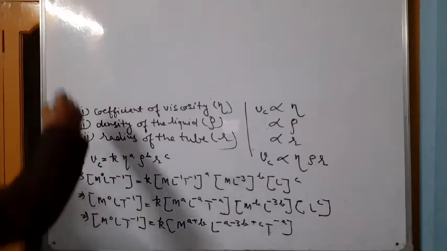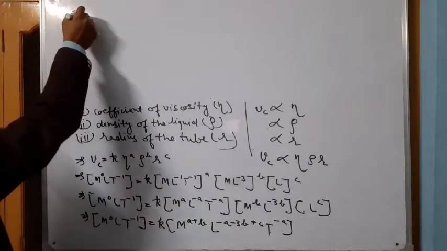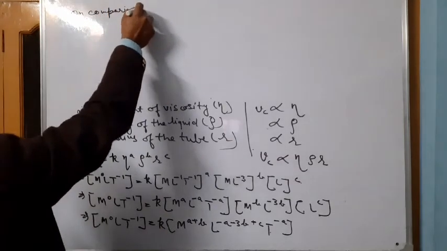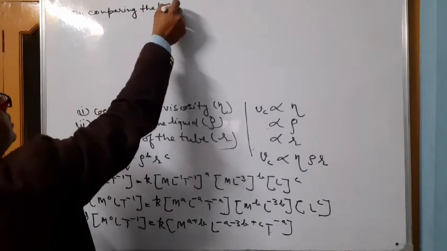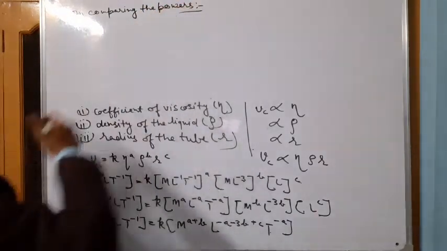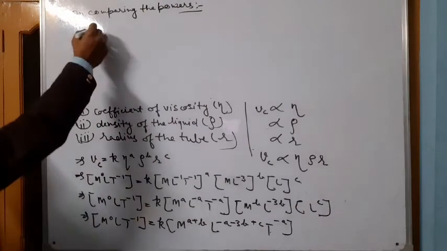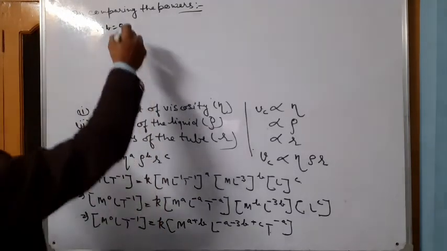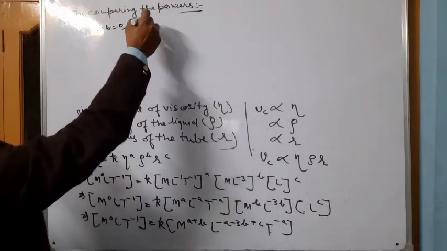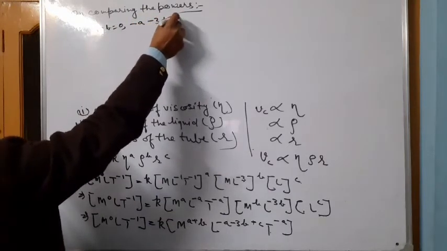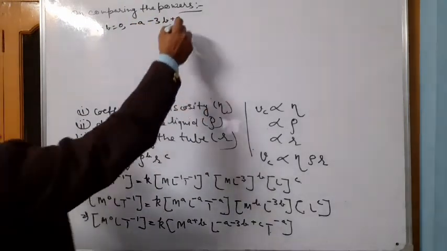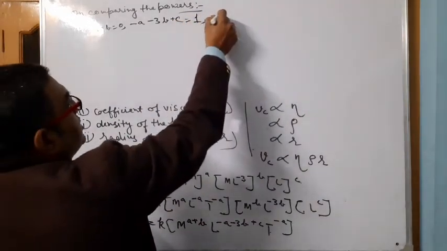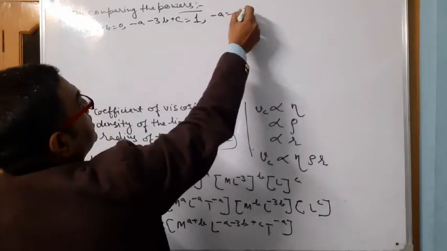Now, dear students, on comparing the powers, we get a plus b is equal to 0, then minus a minus 3b plus c is equal to 1, and minus a is equal to minus 1.